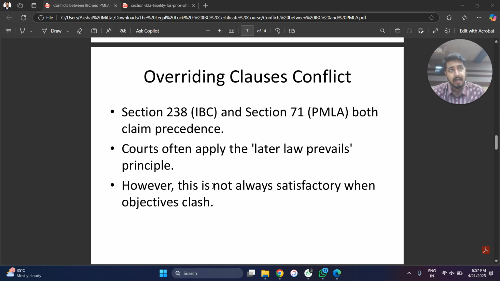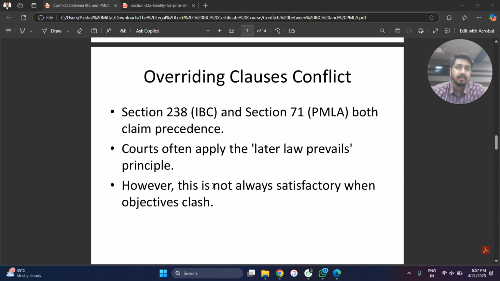If the IBC is given precedence over the PMLA, then the issue might be that the person who has been accused of the offense of money laundering may very comfortably flee out of the country, because now his assets are under the control of the RP. He knows that he is not going to get anything, and when his company is under the RP's control, his company is going to get revived.